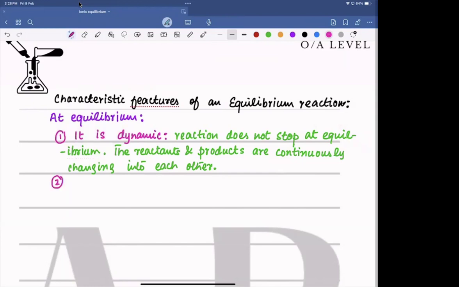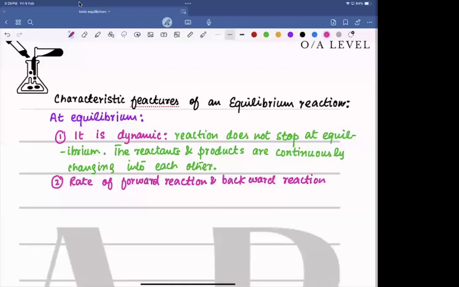Now, the second characteristic is that the rate of forward reaction and backward reaction is the same.